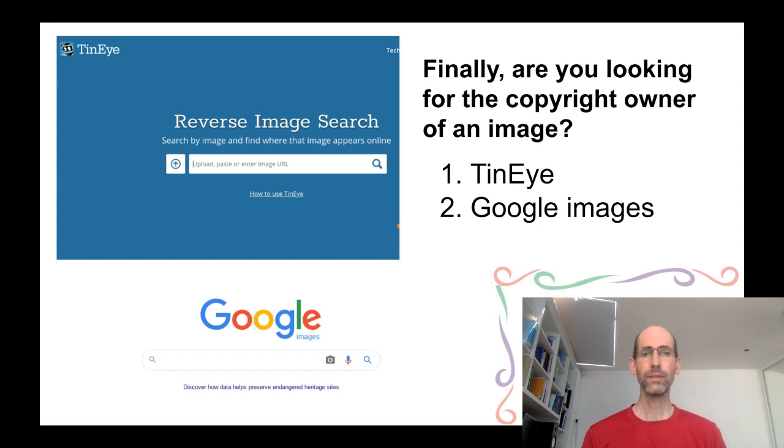If you can upload that image into one of the search engines, either this search engine called TinEye or Google Images, specifically with TinEye, you will be able to find the earliest instance of that image online. It doesn't always work to identify the copyright owner, but it is a useful resource. Google Images does a similar thing, but as far as I can tell, it doesn't actually help you find the earliest instance of the image.